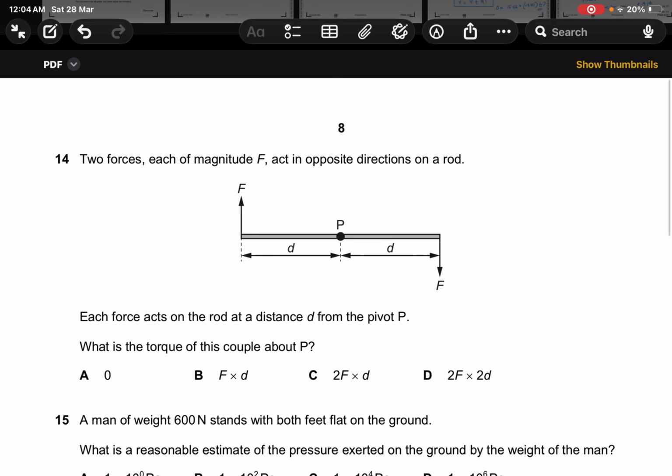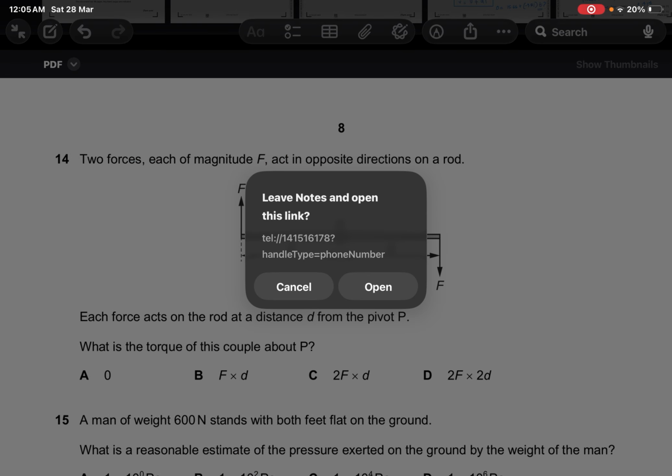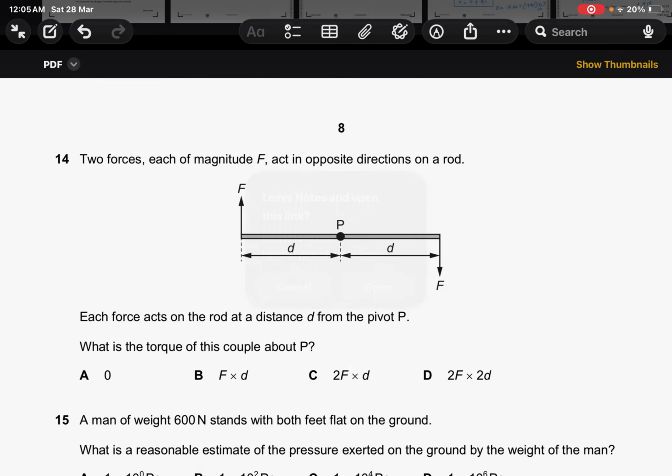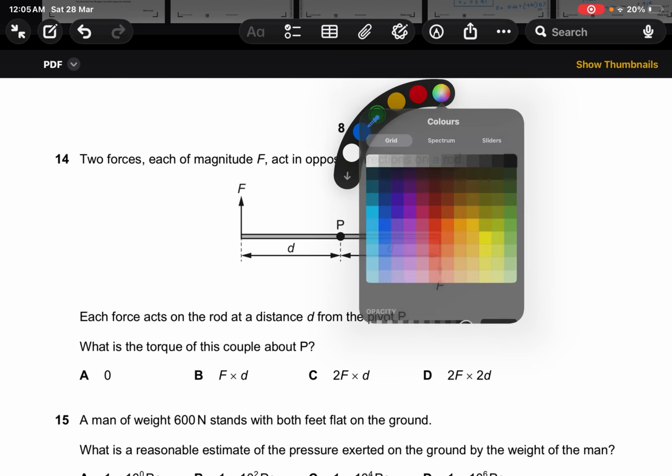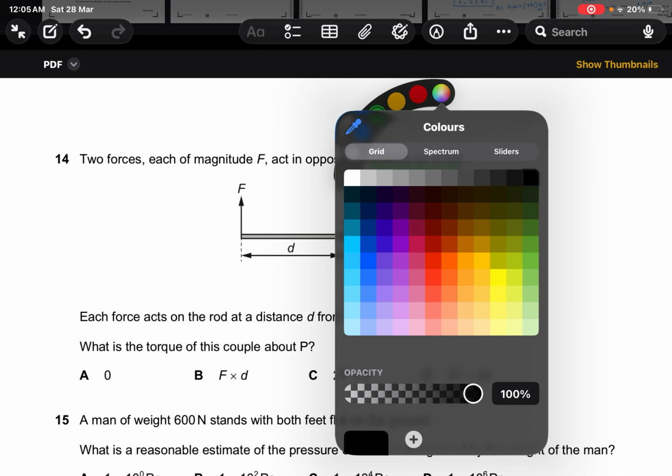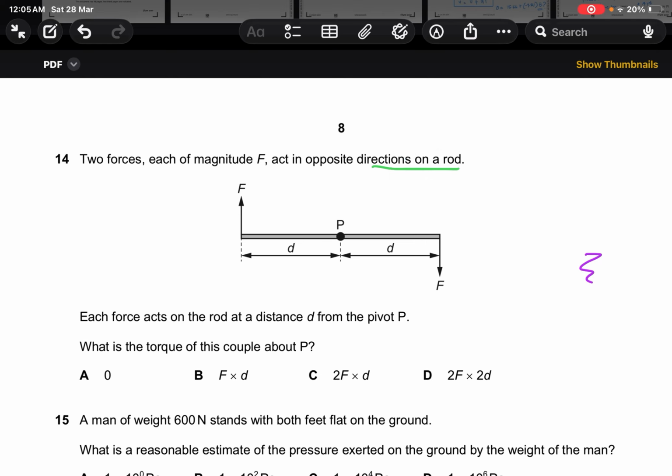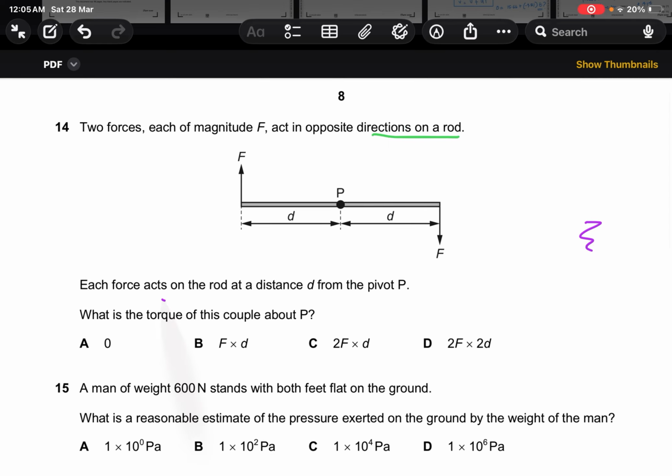Okay, two forces each of magnitude F act in opposite directions on a rod. So now we have two forces acting in opposite directions on a rod. Each force acts on the rod at a distance d from the pivot P. What is the torque of this couple about P?